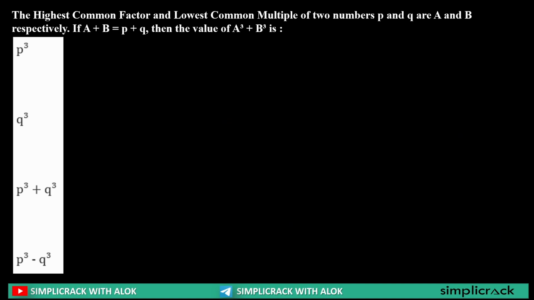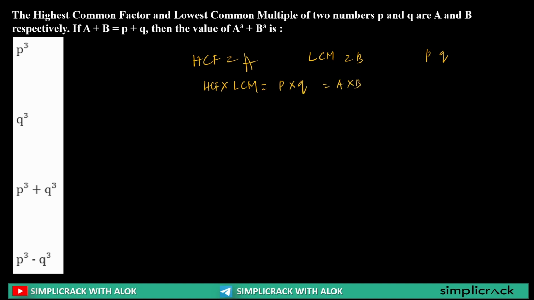The highest common factor and the lowest common multiple of two numbers P and Q are A and B respectively. We know HCF into LCM is equal to the multiplication of the two numbers, that is equal to A into B. Correct?